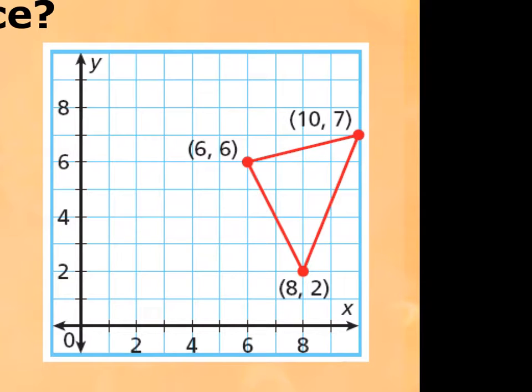So let's start there. Pick a side to find the median of. Which one? Doesn't matter. If there's three of them, it won't matter, right? Okay, so we're going to find the midpoint of this segment here.